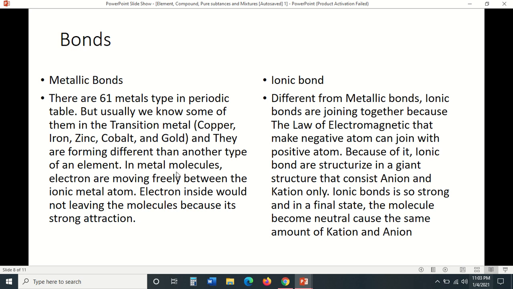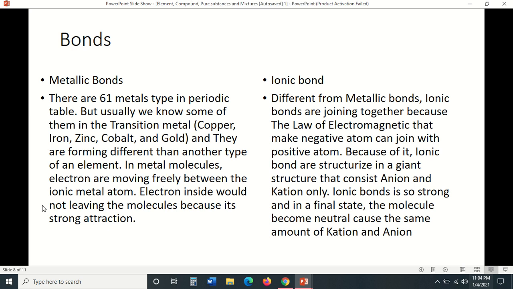In metal molecules, they are not formed by sharing electrons, but electrons in a metal are moving freely between the ionic metal atoms.